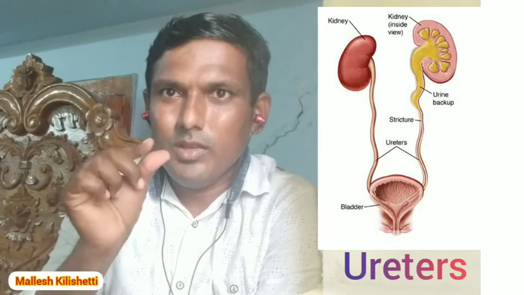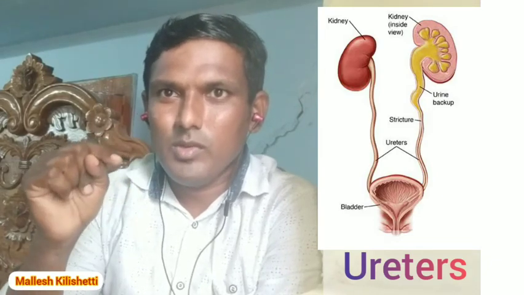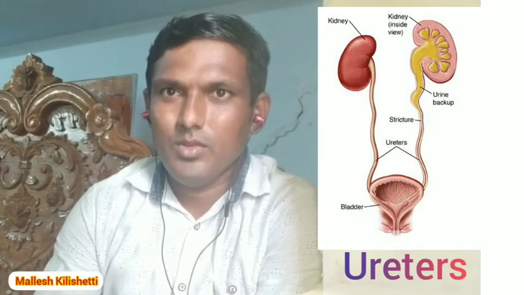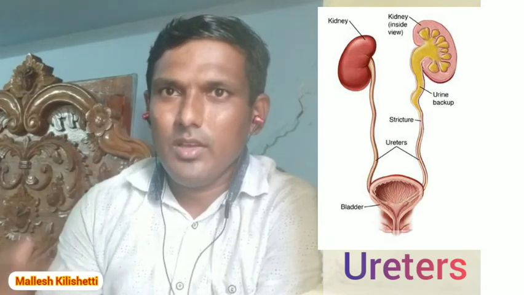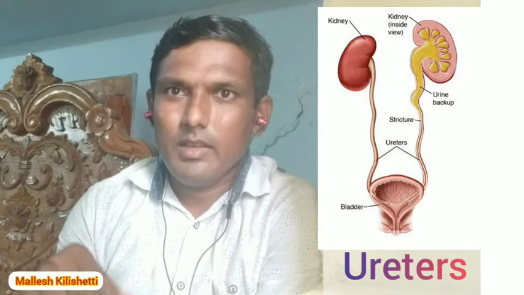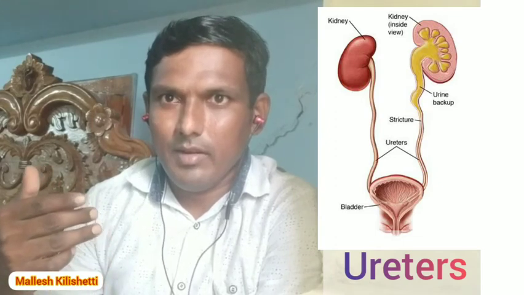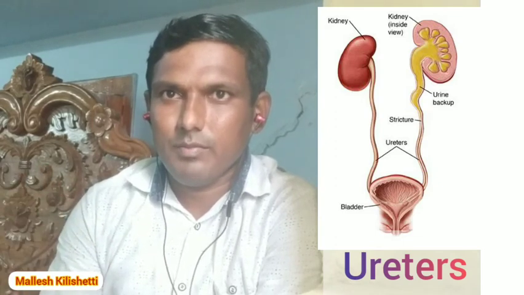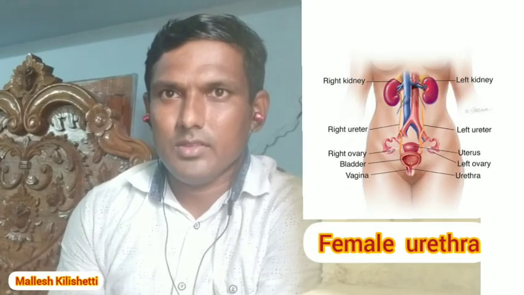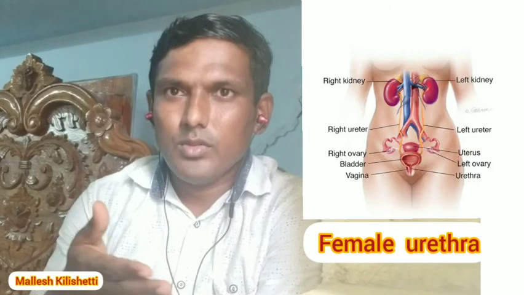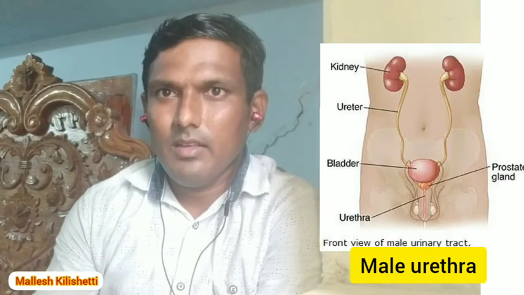The urinary bladder is a pear-shaped structure where urine is temporarily stored. Next, from the urinary bladder urine reaches the urethra. The urethra is the main excretory end of the excretory system. The urethra in the male is different from the female: it is 4 centimeters long in the female and 20 centimeters in the male.